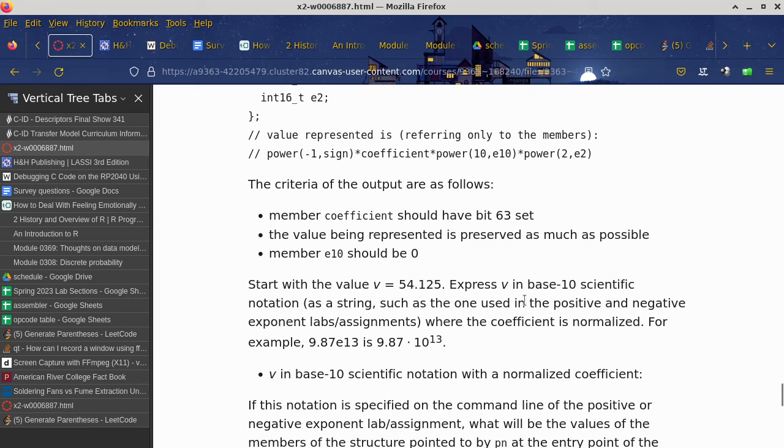Express V in base 10 scientific notation as a string, such as the one used in the positive and negative exponent lab assignment, where the coefficient is normalized. For example, 9.87E13 is 9.87 times 10 to the power of 13. So this is where you put the answer. How do you express V in base 10 scientific notation with a normalized coefficient?